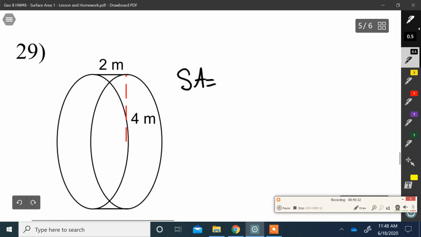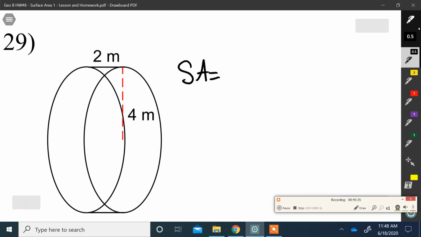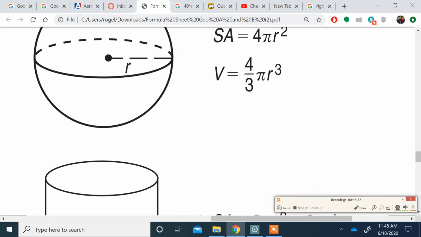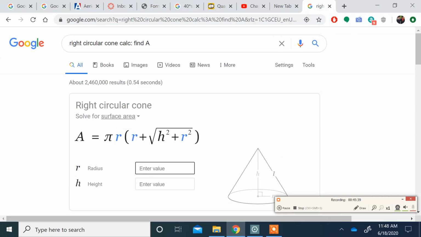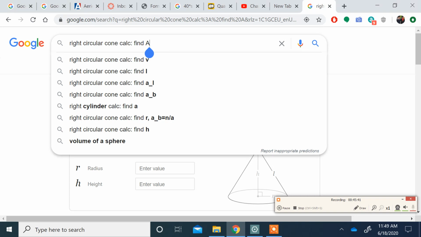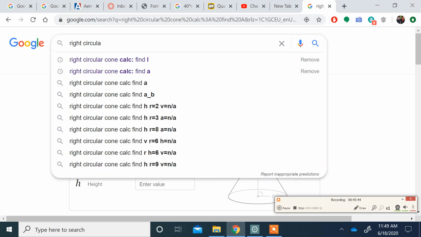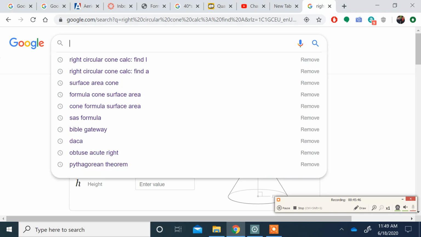Let me give you a trick that you could also use if you go on Google. I don't usually recommend this, but since we're in summer school, let me do that.